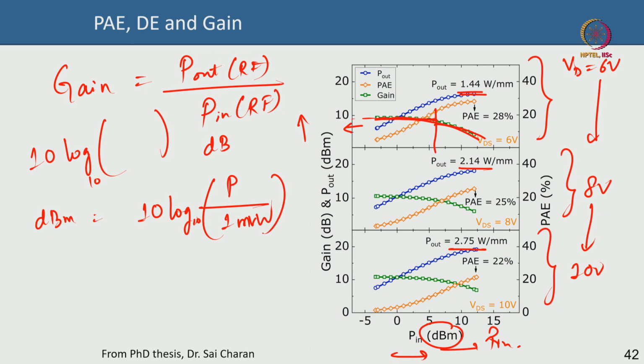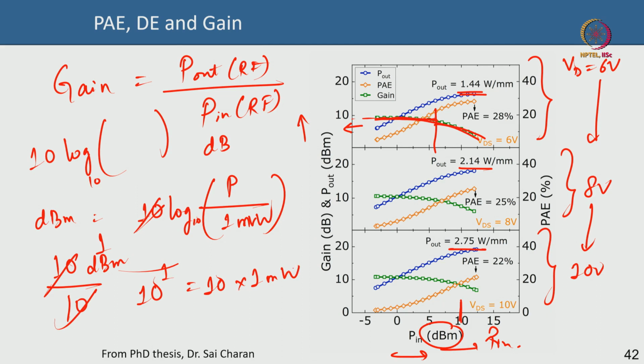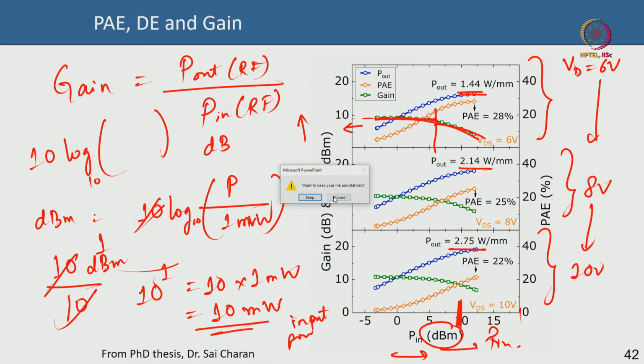So if I say 10 dBm of input power, I have to divide by 10, which is 1, and then I take 10 to the power 1, which is 10 into 1 milliwatt, so it is 10 milliwatt. So 10 milliwatt of input power is 10 dBm. Similarly 20 dBm will be 100 milliwatt, 30 dBm will be 1 watt, etc. Okay, so this is your concept of dBm.